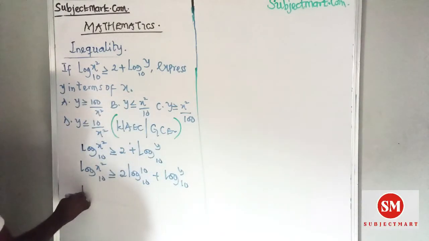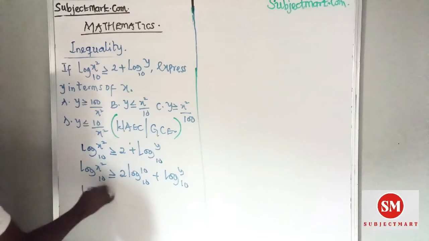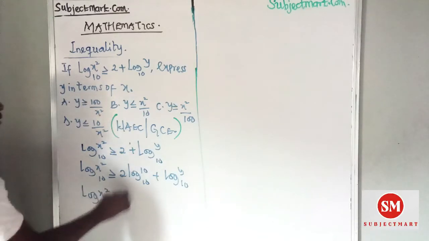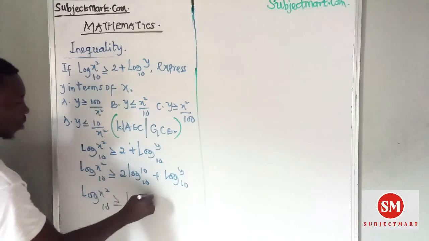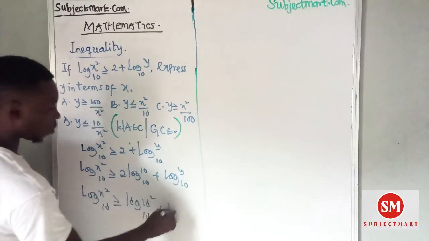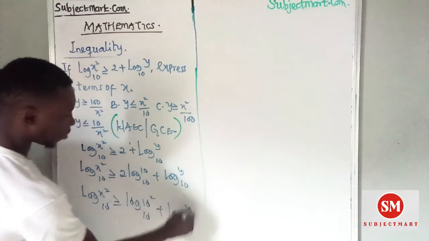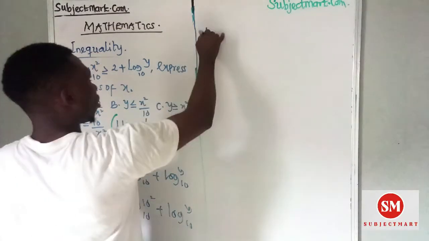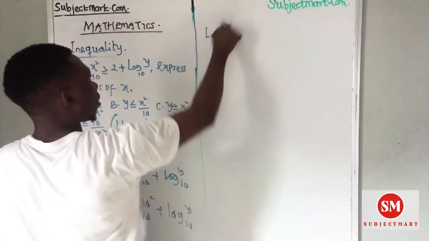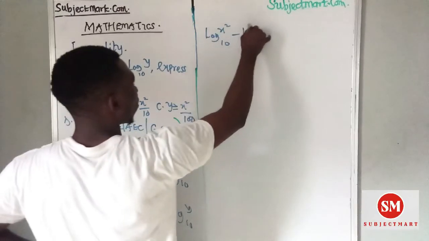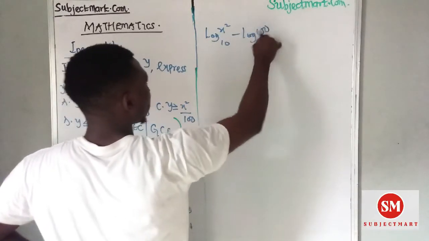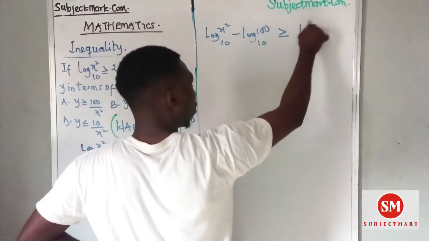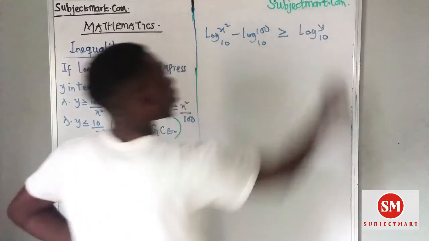So this is now what? Log x raised to power 2 base 10 is greater than or equal to log 10 raised to power 2 base 10 plus log y base 10. So with this, it comes over here to be log x raised to power 2 base 10 minus log 100 base 10 is greater than or equal to log y base 10.